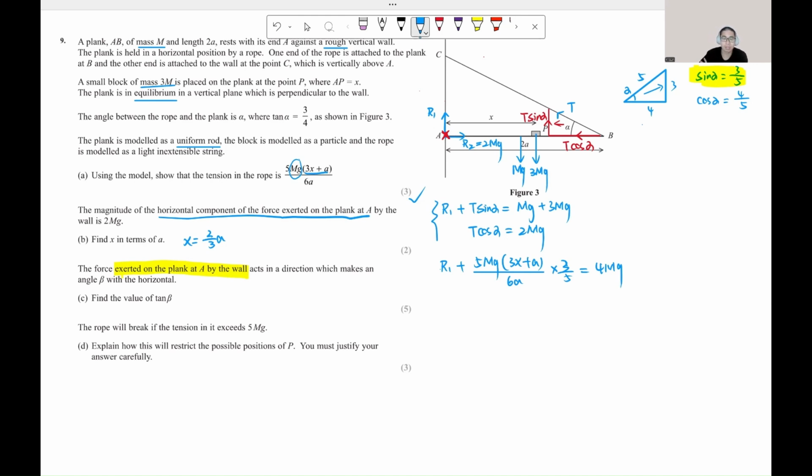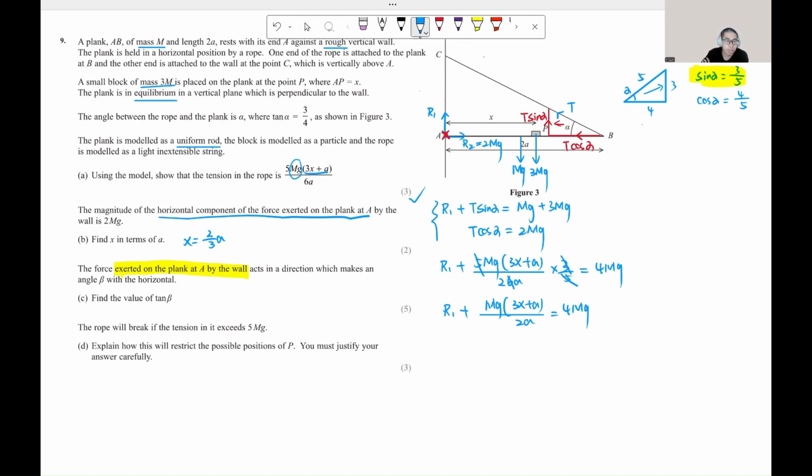Then simplify this, we will have R1 plus, 5 over 5 will cancel out. And then divide by 3 for both top and bottom, then this 6 will become 2. So we have mg times (3x plus a) over 2a equal to 4mg.